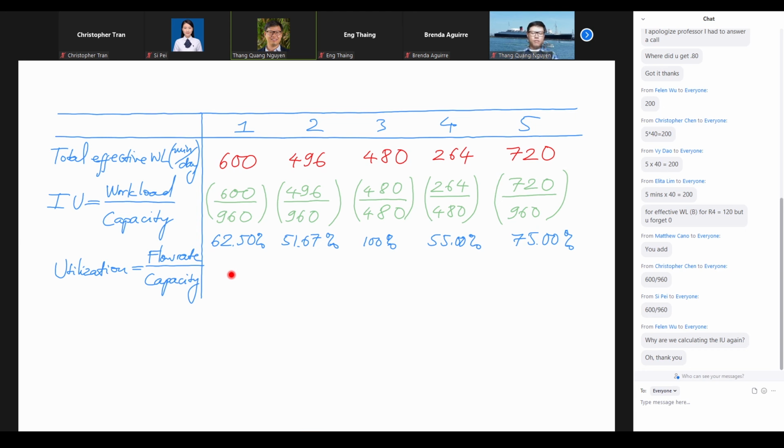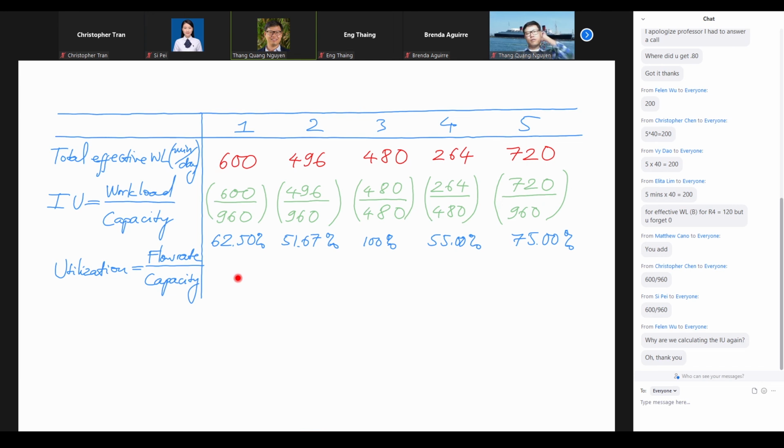Here is a hint for everybody. Just think about it: we have 100 rooms in our hotel, and we are renting out 80 rooms, right? Then we take 80 divided by 100, and we have the utilization. So in this particular example, how would we calculate the flow rate divided by the capacity, for station number 1 only?